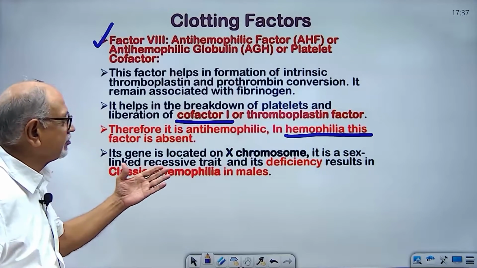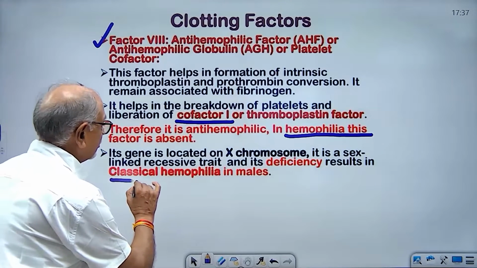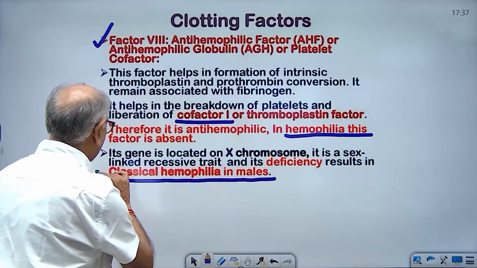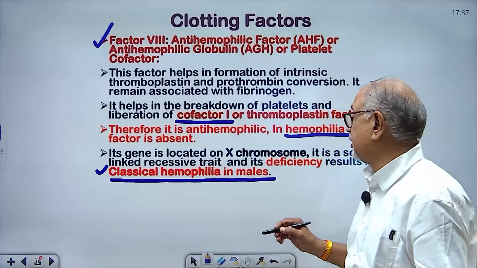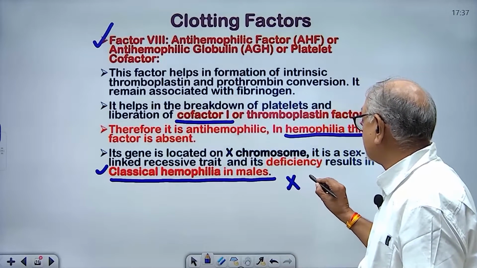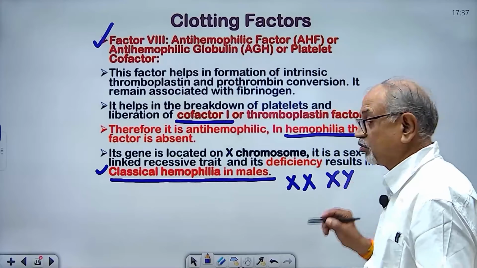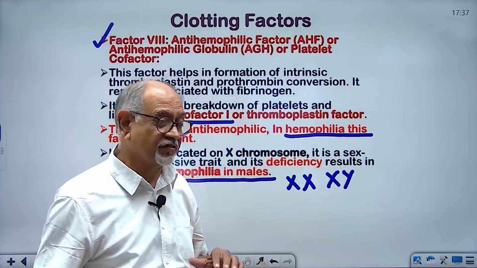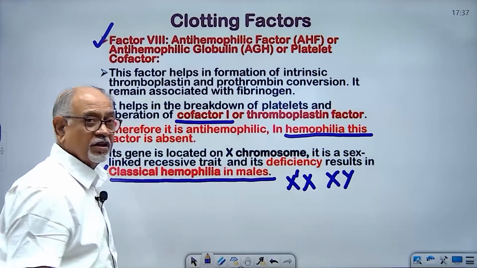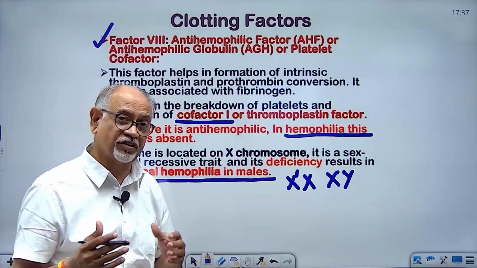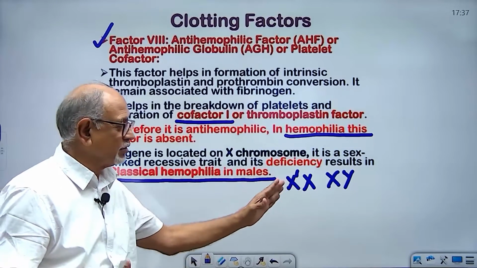It is a sex-linked recessive trait, and its deficiency results in classical hemophilia in males. Why is it in males? Because the female has 2 X chromosomes, whereas the male has only 1 X chromosome. So since it is a recessive disease, if it is present on 1 X chromosome of a female, the female will not show the symptoms of disease because a normal gene is there to dominate this.